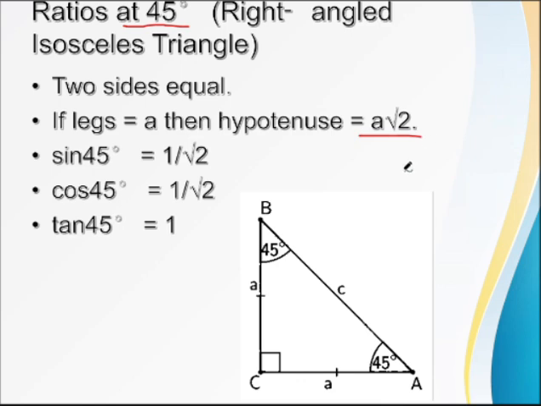In this way we can derive sin 45 degrees as 1 by root 2. Since here adjacent and opposite are equal, cos 45 degrees and sin 45 degrees will be equal. Since tan theta is sin theta by cos theta and sin theta equals cos theta, the ratio becomes 1. So tan 45 degrees is 1.